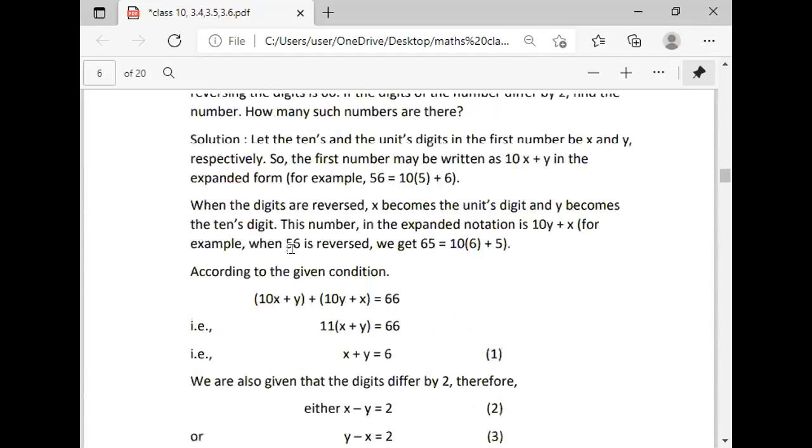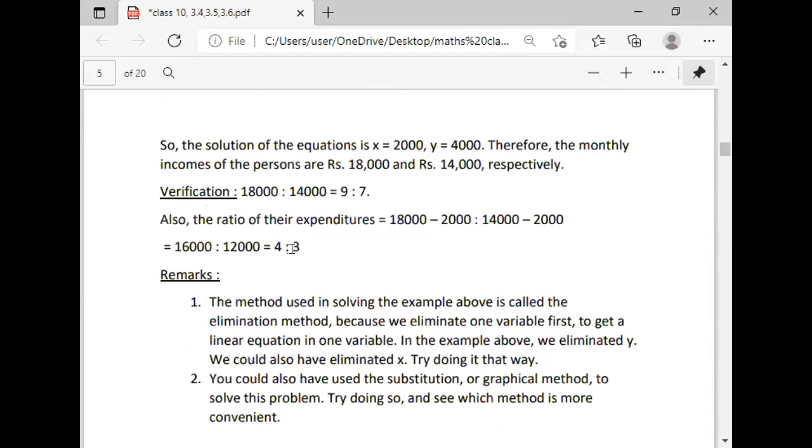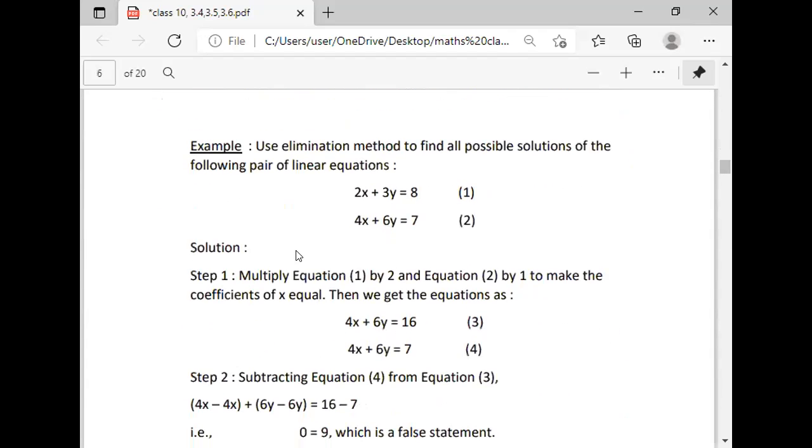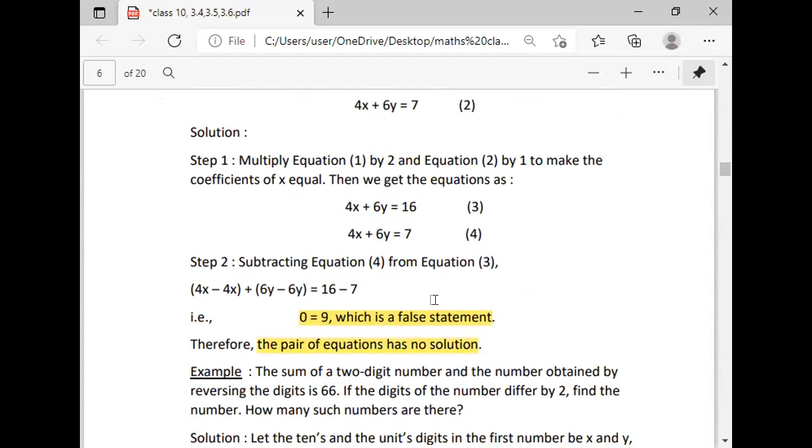And again, if we are removing this variable, there arise three cases. Sometimes when we remove one variable and proceed further, we arrive at a false statement, which means that the pair of equations has no solution.